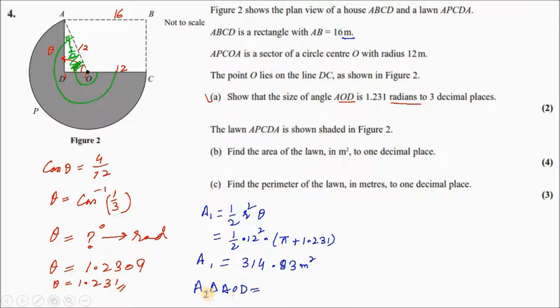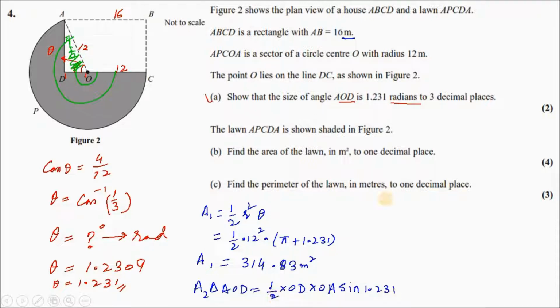You can use your own symbol. I am using the formula half of OD into OA sine of 1.231.